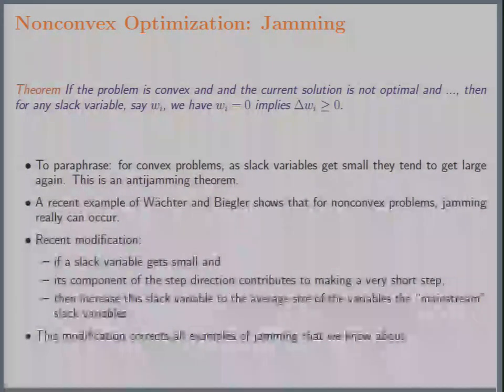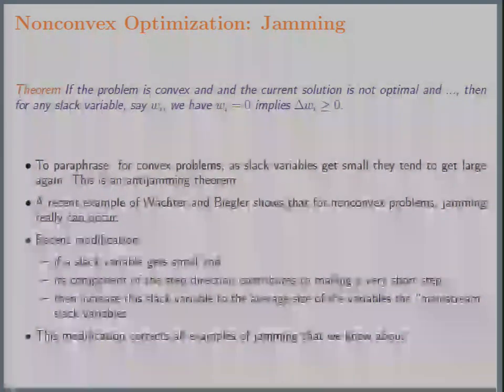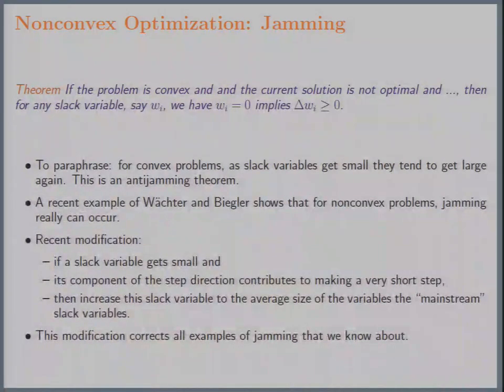But an example of Vanderbei and Shanno shows that for non-convex problems, jamming can really occur. And I guess it's sort of easy to say why. This is for linear, which is the border between convex and non-convex. And as we got closer and closer to an edge, we became parallel to it.